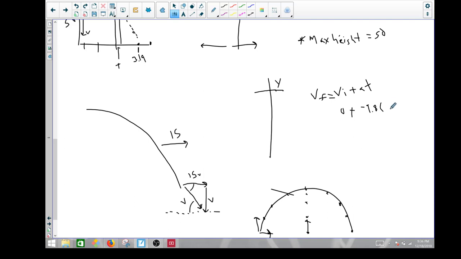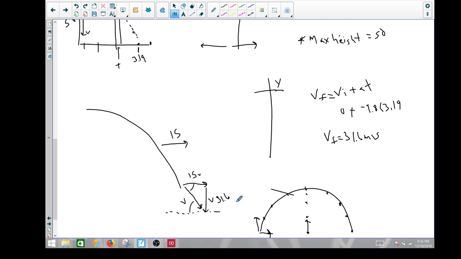And I have a time of 3.19 seconds. Multiply that together, and I have my velocity at that time. 3.19 times 9.8, and there we go, 31.6. VF equals 31.6 meters per second. Now again, that's only in the y component.